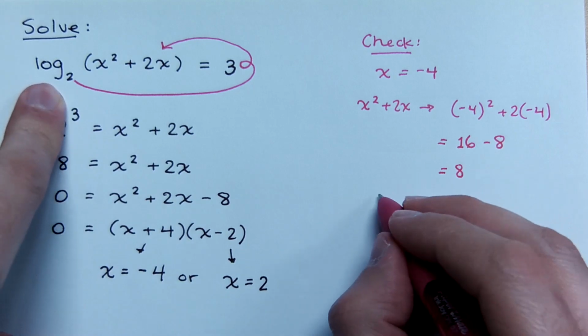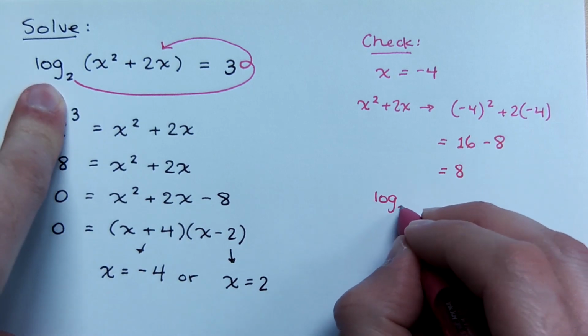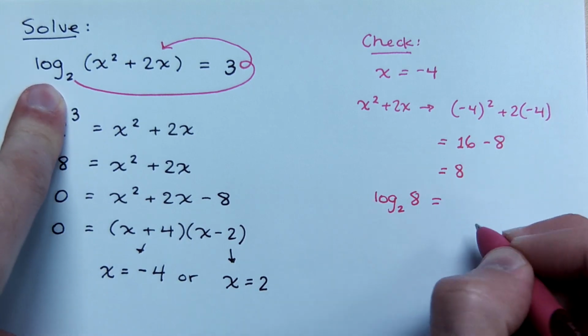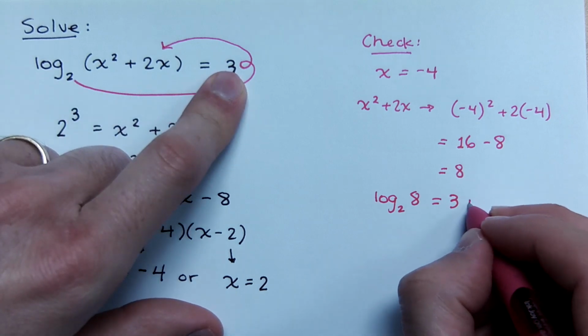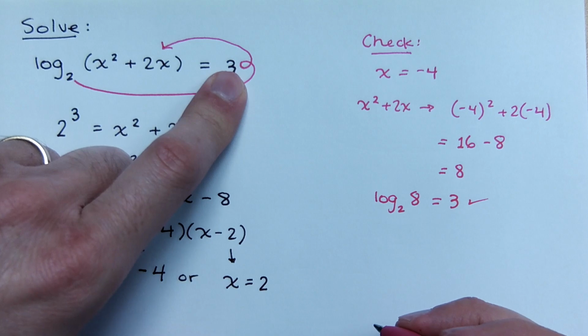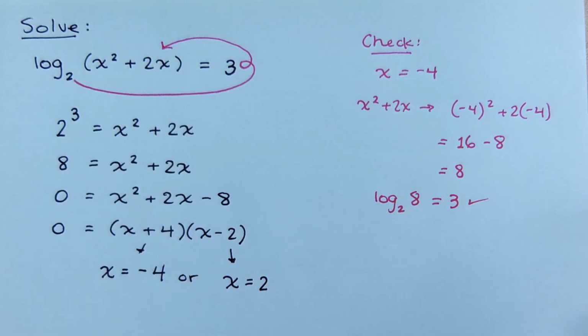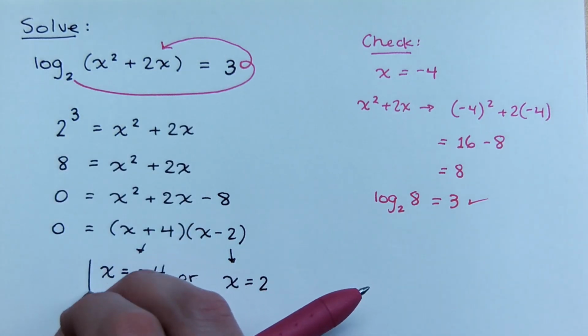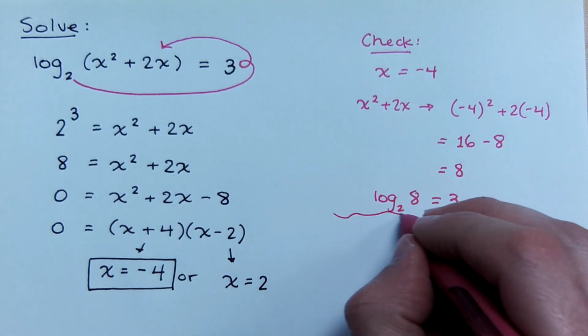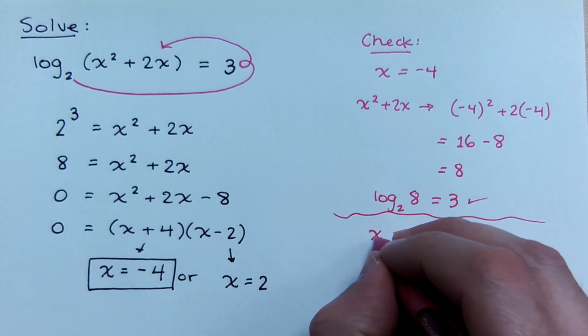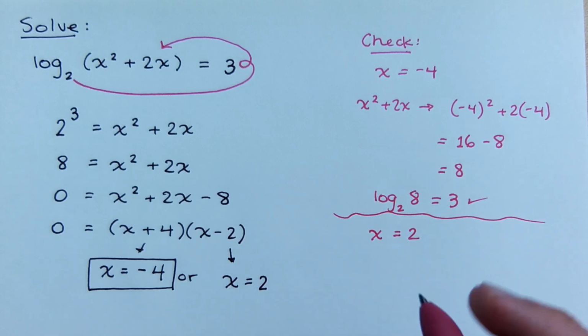Put it back inside of this logarithm. What is log base 2 of 8? 3. Log base 2 of 8 does equal 3, so that guy does work out. I know for sure that x equals negative 4 is a solution. Now let's check the other guy. Let's check x equals 2.